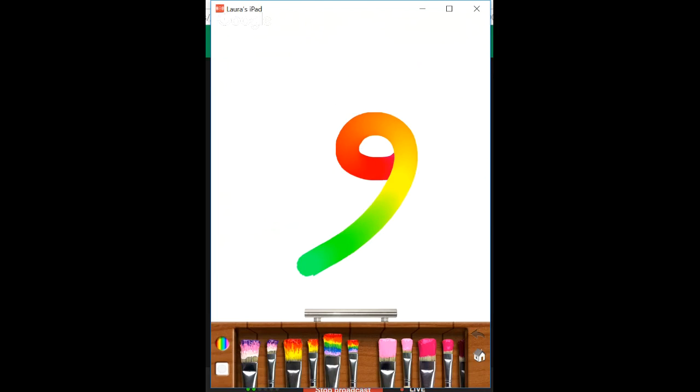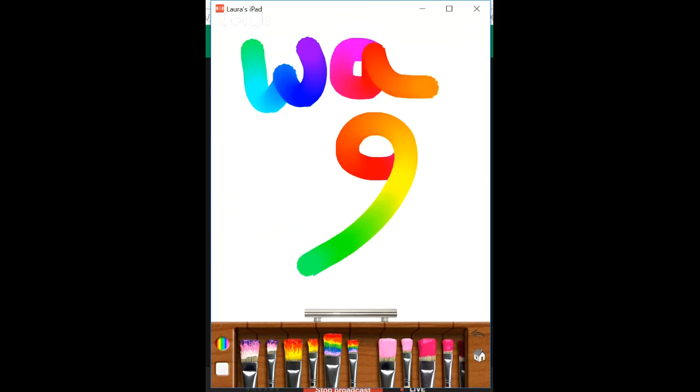Okay, our next vowel is waw. Waw can be both a consonant as well as a vowel. As a consonant, it makes the wa sound, and that's where we get the name waw.